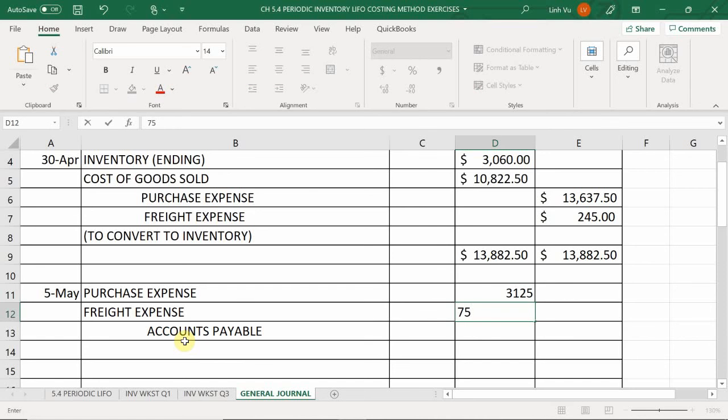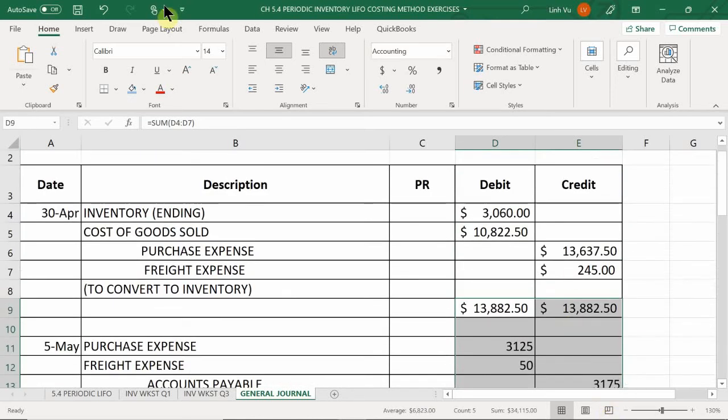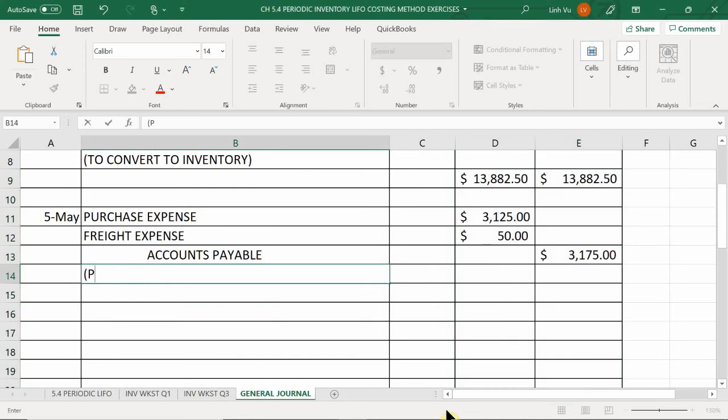Plus $50 freight, giving me a grand total of $3,175. So I'm going to make a note here that I purchased 500 units at $6.25 each.